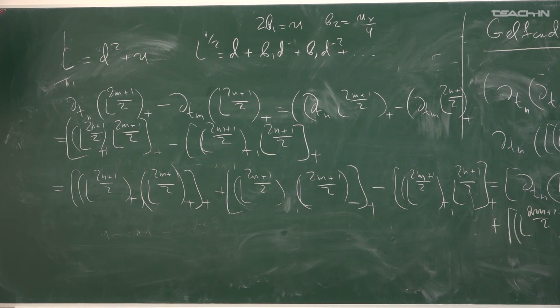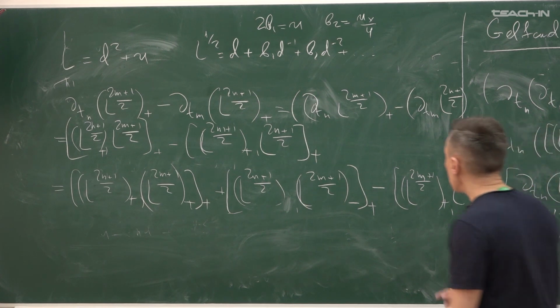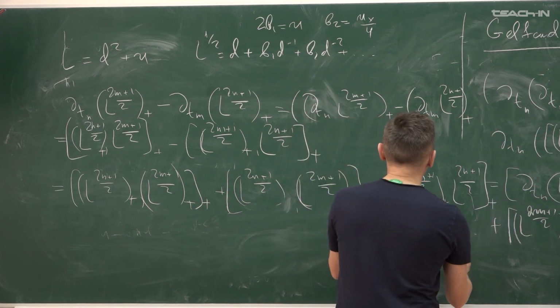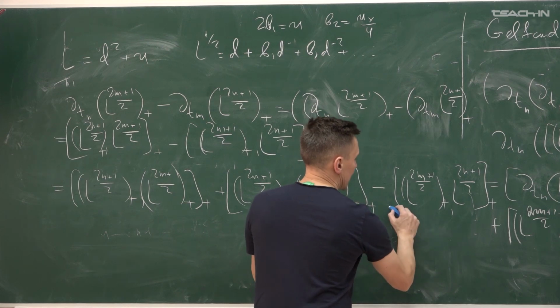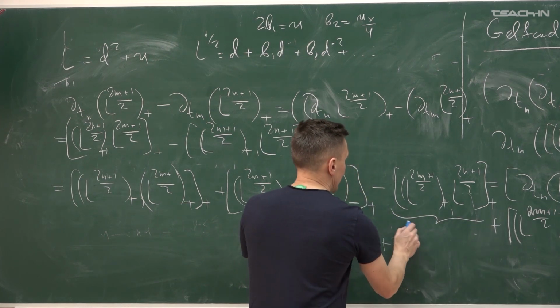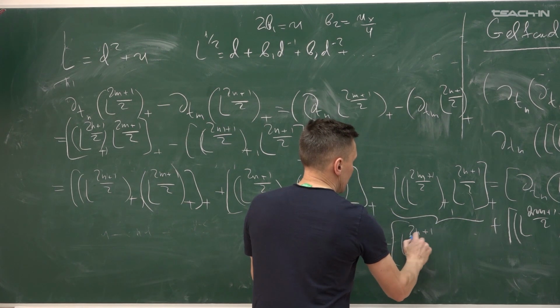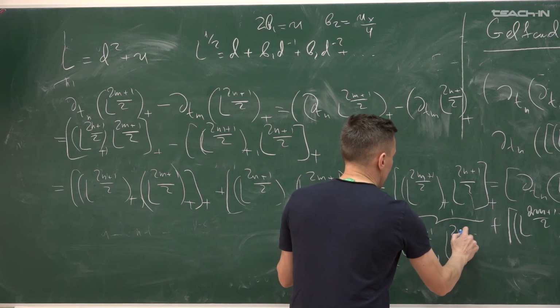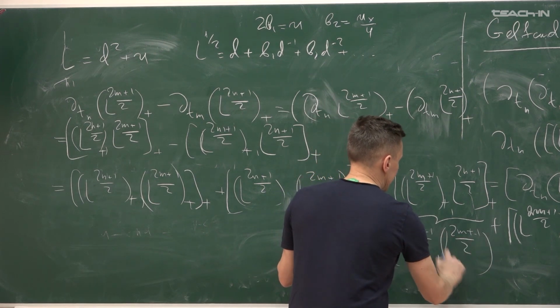I have something very strange. Not strange, because I have to change the order. So this is equivalent to plus L to n plus 1 over 2, L to m plus 1 over 2, plus.